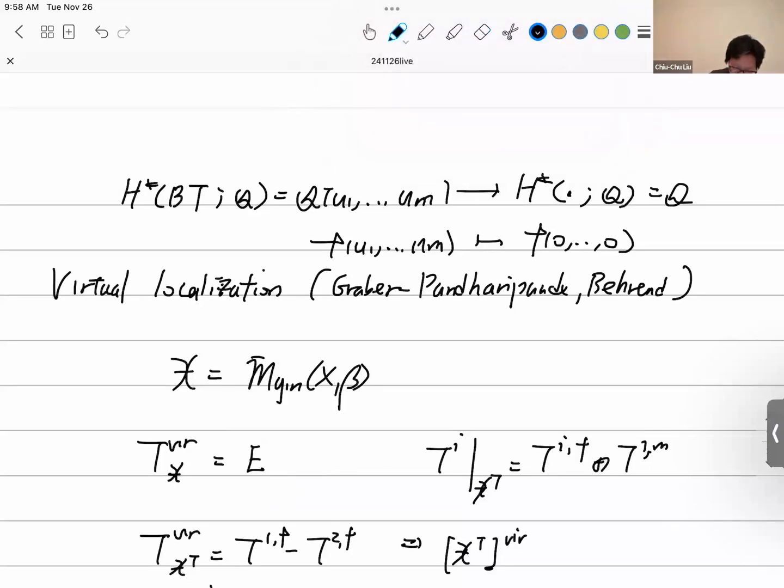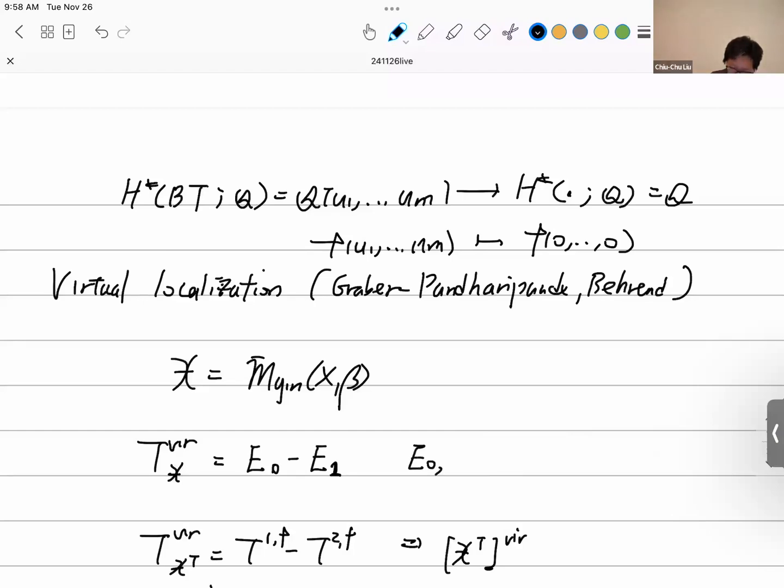Recall that last time, the virtual tangent bundle is the difference of two vector bundles.